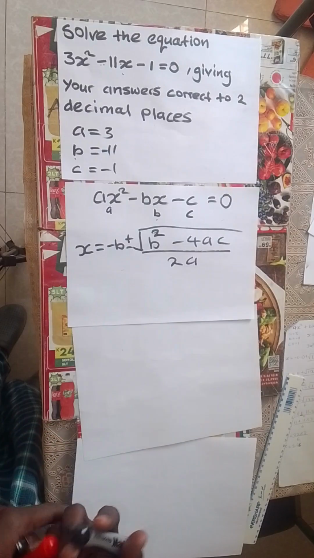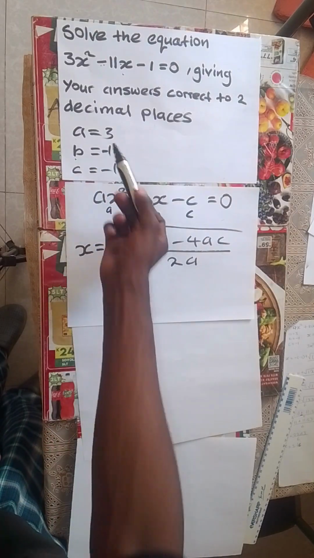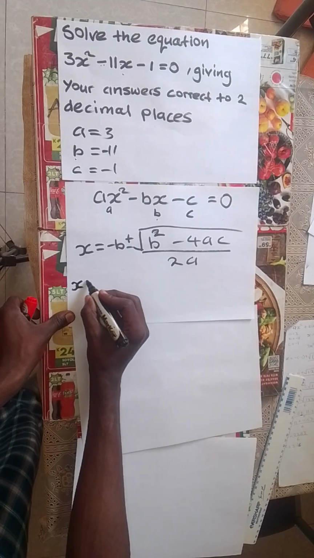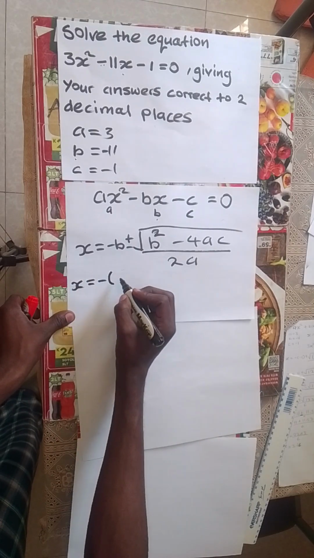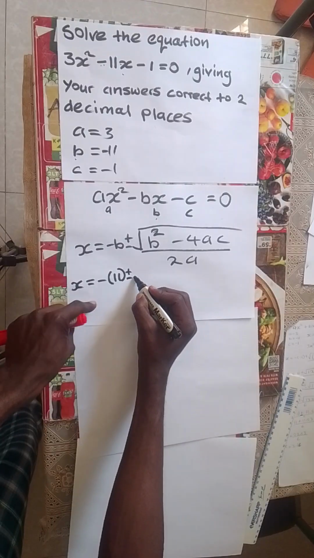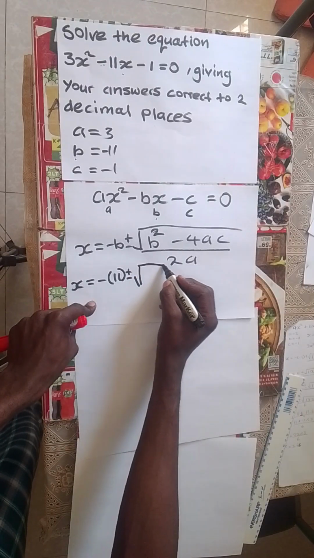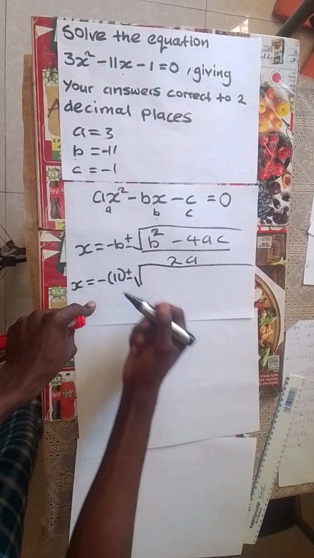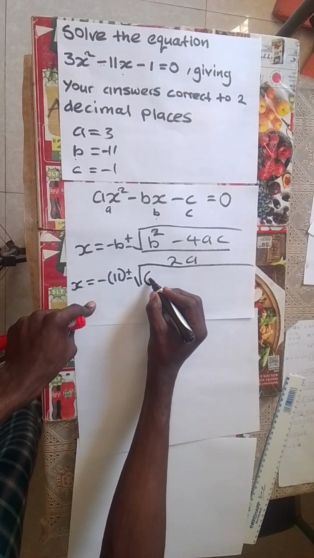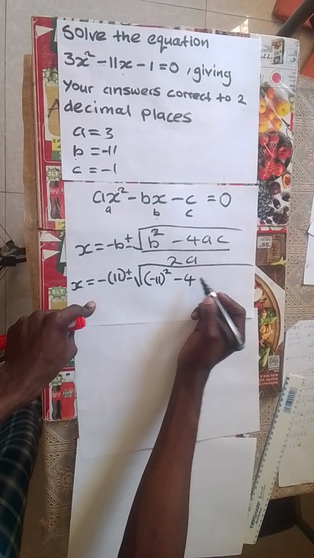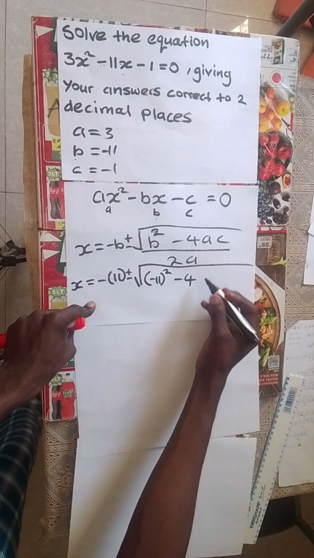So we will start with our b. Our b here we had a negative 11. So we're going to plug it in. Here it will be a negative 11. Open bracket. What was our b? Our b was negative 11. What was our a? Our a was a 3.